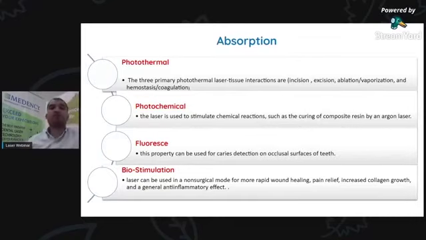And the fourth effect is biostimulation, and this category has a majority use with laser, as it increases the growth factors, relieves pain, increases wound healing. This we will see with Dr. Yusra. What we are most concerned about is the photothermal effect. This is how we do our incision, and this is how we do our surgery.